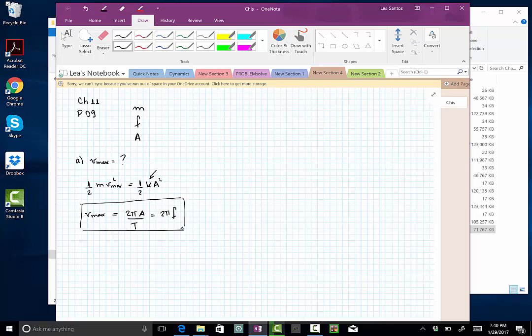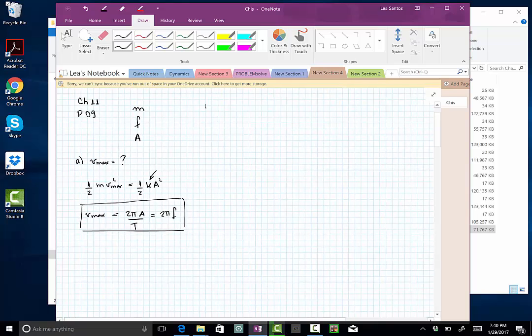Then comes the next question, which is to find the magnitude of the velocity when the mass is 0.02, in my case, a certain amount from equilibrium. So they give us this x, and they want to know what is the speed at this intermediate point.